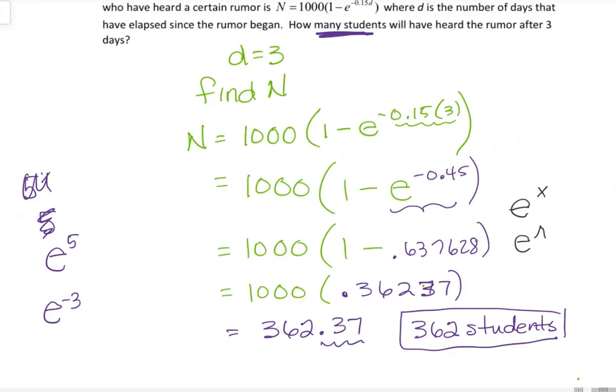So if I raise e to the fifth power, I get 148.41. And if I raise e to the negative third, I get 0.049787. So check that with your calculator and make sure that you're okay with those keystrokes. And if you run into trouble, let me know.